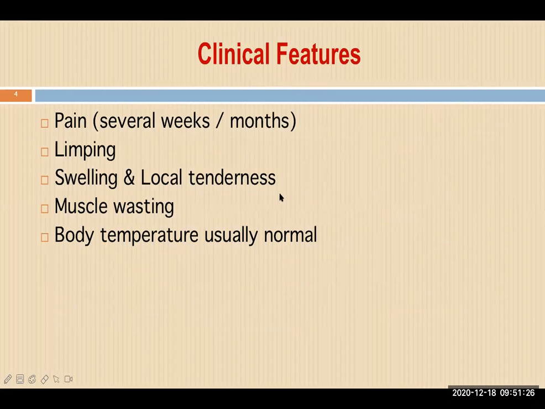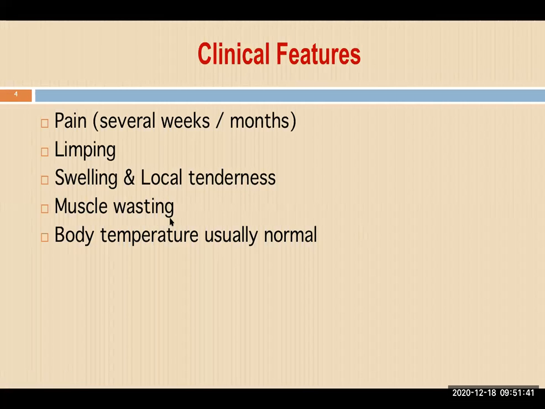Swelling and local tenderness are present. Muscle wasting is present, because if we do not use that limb or joint for a considerable period of time, the muscles are wasted in that part. This is a very well-known feature. And body temperature is usually normal, meaning there is no fever in the patient.